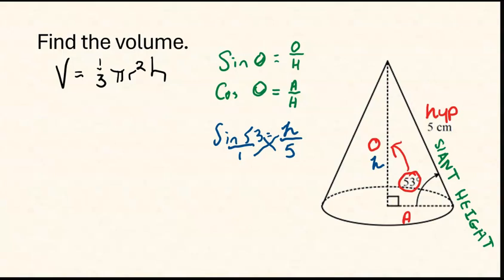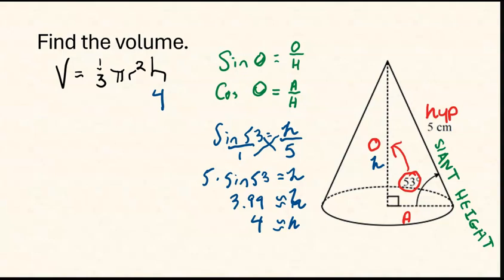So 5 times sine 53 is 5 times sine 53. And I'm going to need my calculator to tell me what that is. And the answer is 3.99, and I'm just going to round that to 4.